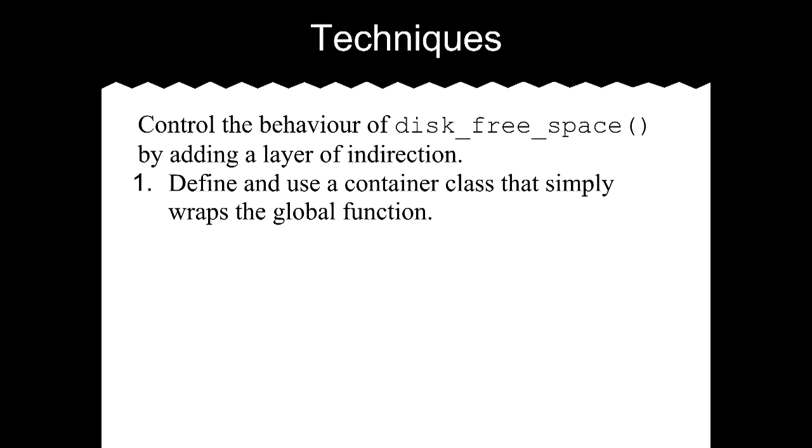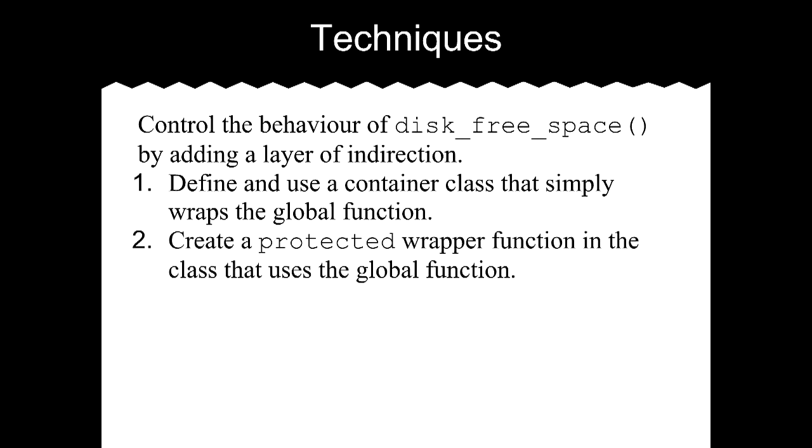And in testing, you can create a mock version of this class that responds consistently and can be injected into the class under test. Another option would be to create a protected wrapper function in the class that uses the global function. In a test case, you can extend the class under test, overriding the wrapper function, providing you with control of its behavior.